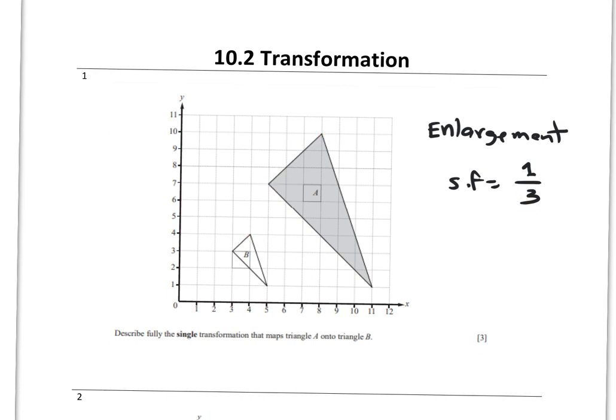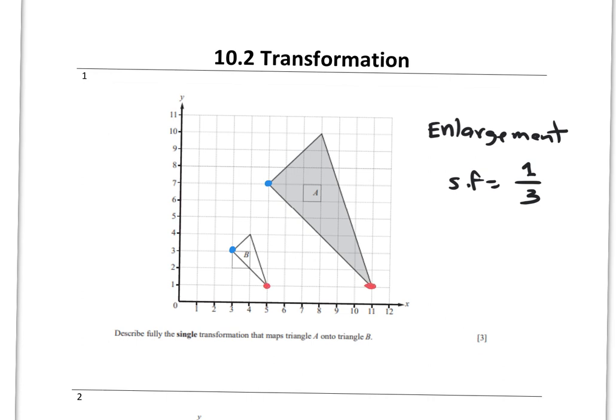Now we need to find the center of enlargement. To find the center of enlargement, take a point on the original and its image, and also one more point and its image.